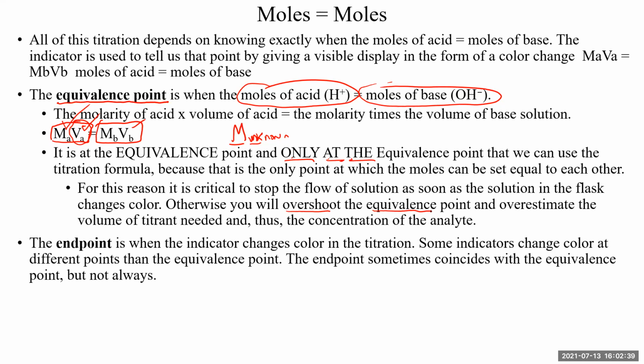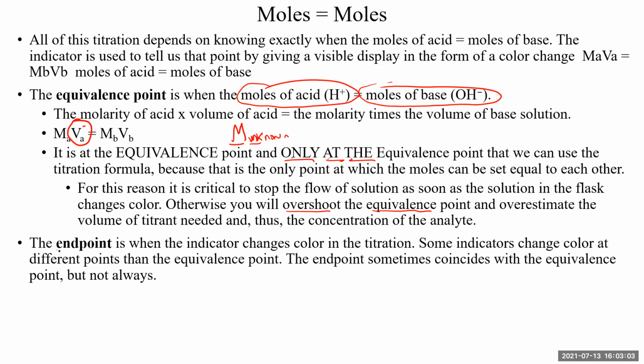You're adding extra solution, and the entire experiment depends on you accurately measuring the volume of your known solution that was needed to neutralize your unknown solution. So if you overstate the value of your known, you've overstated the value of your unknown as well.